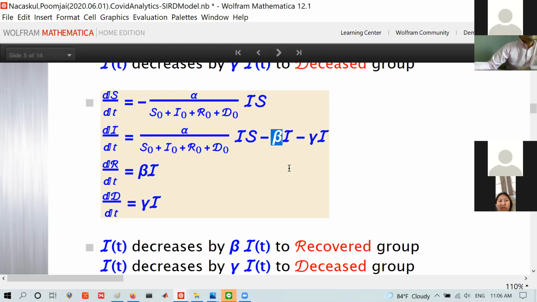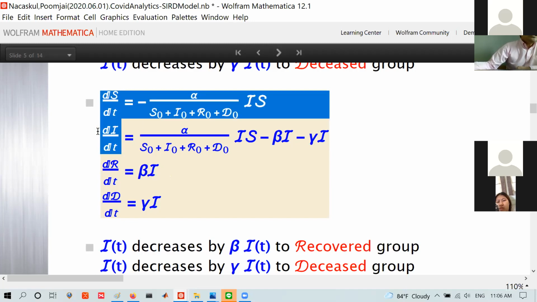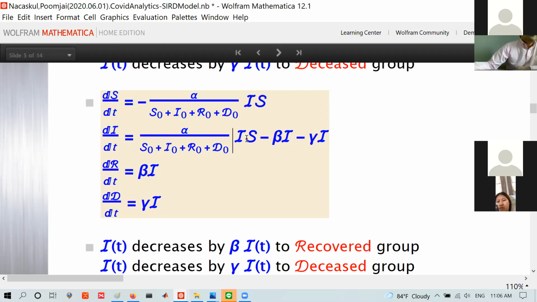Because the coefficient that it multiplies is the rate of recovery, right? So yes, you can get more infected if you have more people who are infected, but not everybody who is infected stays infected, because some of them recover, and this is the R, the recovery. Some of them die. So you have this negative influence.